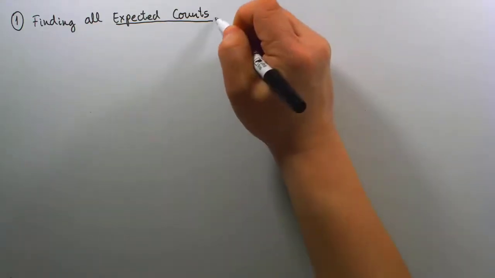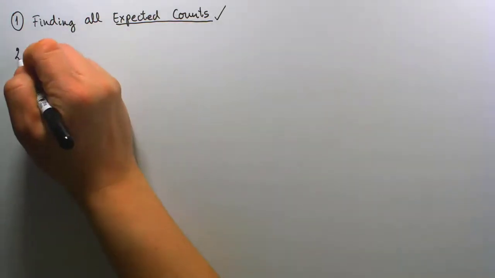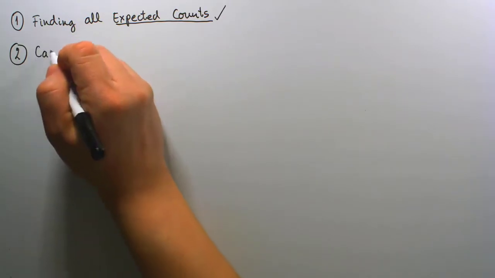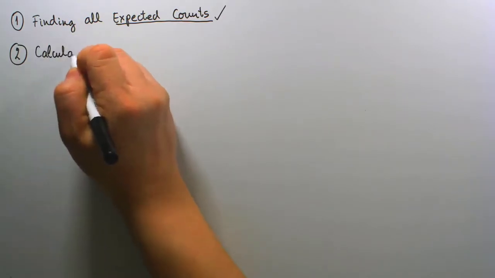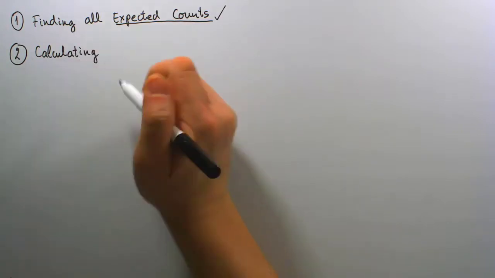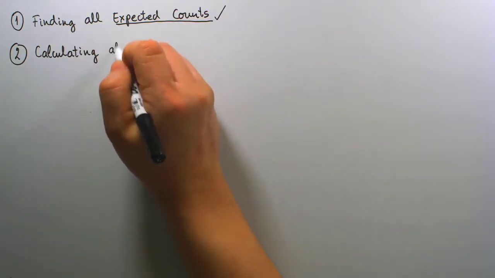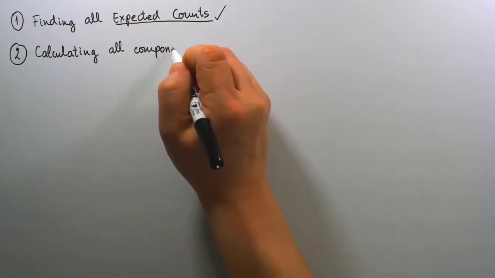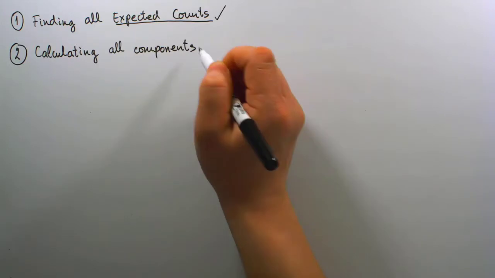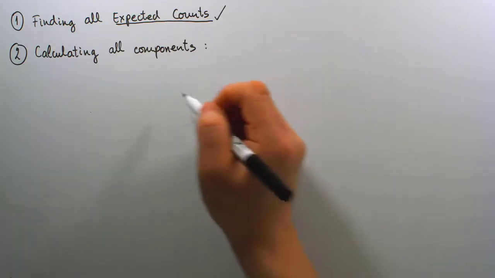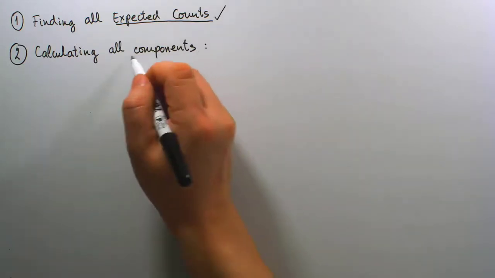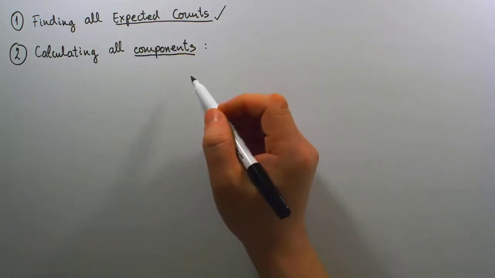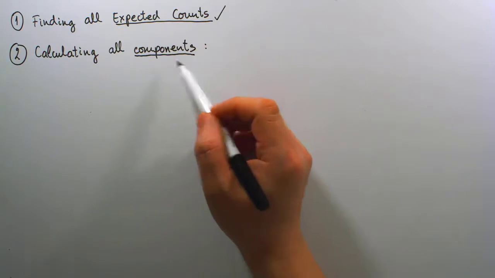So after getting that step done, let's now move on to the next step by calculating all components values. Okay, so let's get all components. And just like that, I am going to speed up the process in the calculation here.